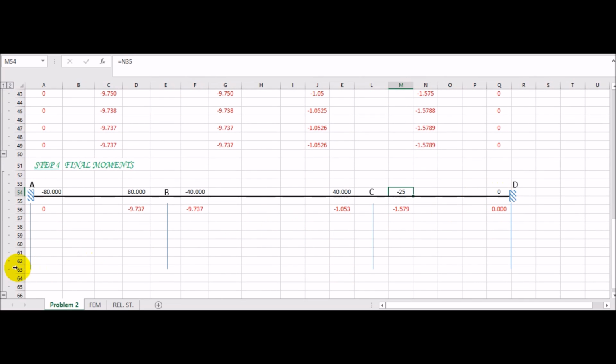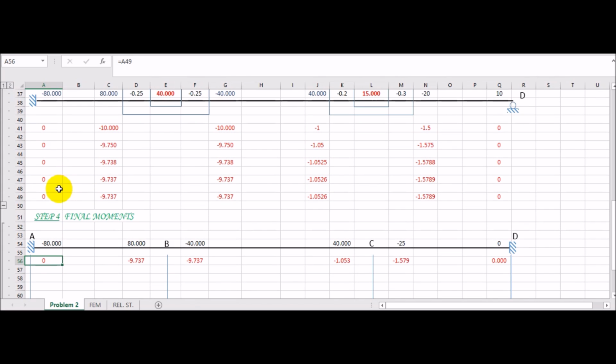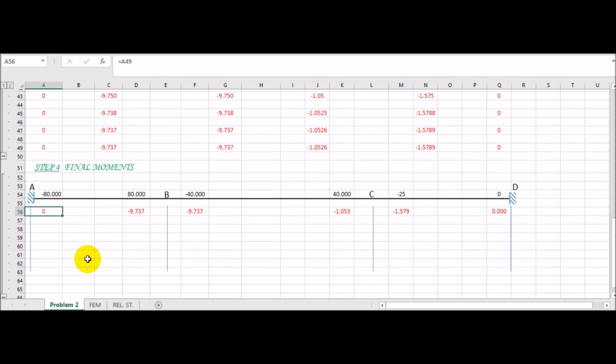So this is 0. And here you write all the last iteration values that you got, that is 0, minus 9.737, minus 9.737, minus 1.0526, minus 1.579, and 0.